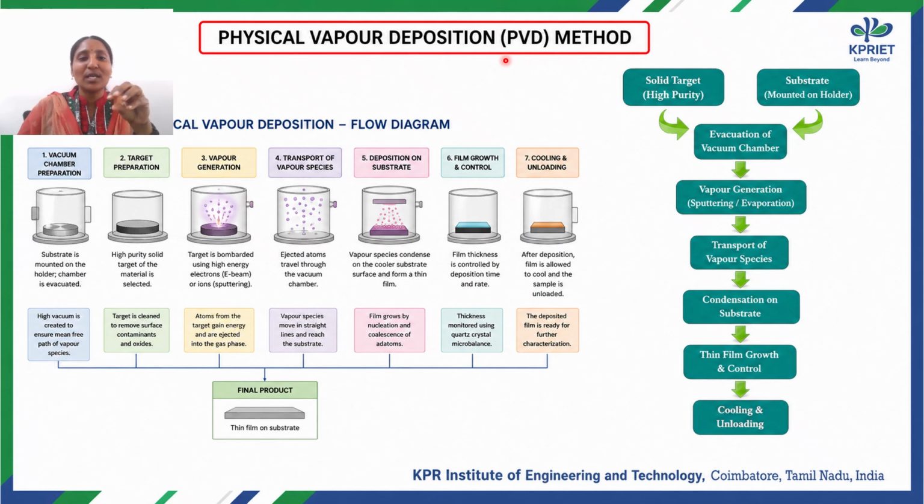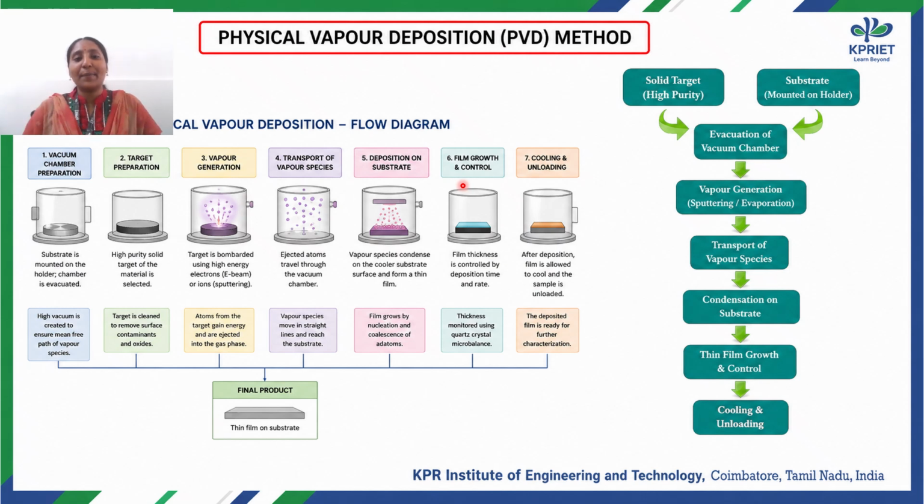Initially small nuclei are formed. These nuclei grow and combine to produce a continuous thin film. Next step is film growth and control. The film thickness and properties can be controlled by adjusting the deposition rate, time, pressure, substrate temperature, or sometimes the input power.